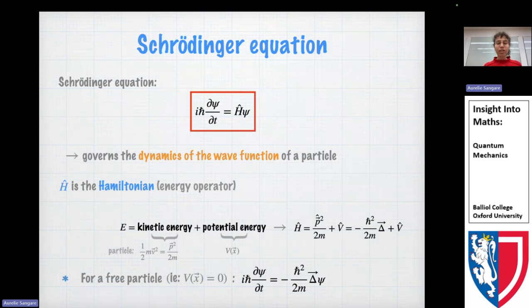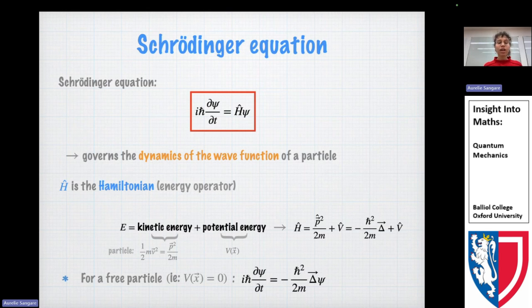And now I'm just going to tell you how we find this Hamiltonian operator. So in classical mechanics, the mechanical energy of your particle is the sum of the kinetic energy and the potential energy of the particle. And I'm not going to consider systems such as springs, which have this additional energy due to the spring nature.